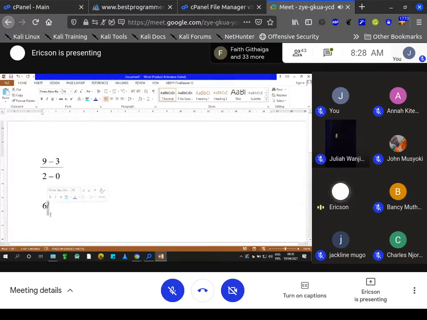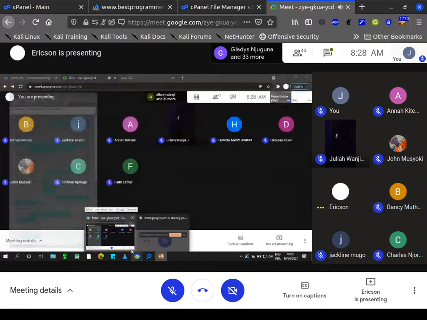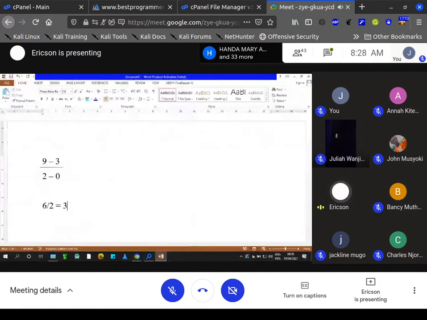So I'll use this for my division. It's divided by 2, and your answer will be 3. So this 3 will be the gradient. That's how we calculate the gradient.